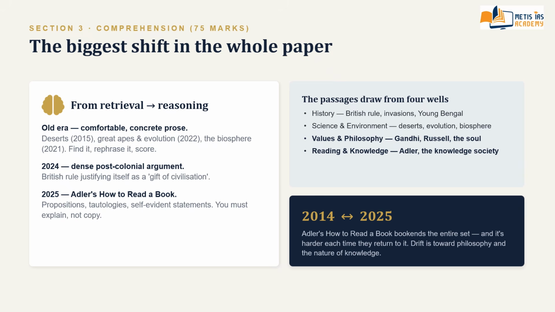Science and environment: deserts, evolution, the biosphere. Values and philosophy: Gandhi, Russell, and the soul. And reading and knowledge itself: the Adler passages, the knowledge society themes.